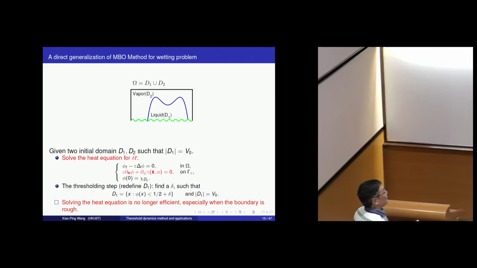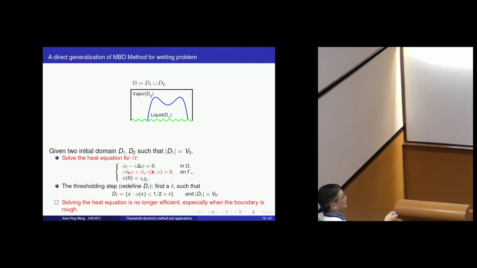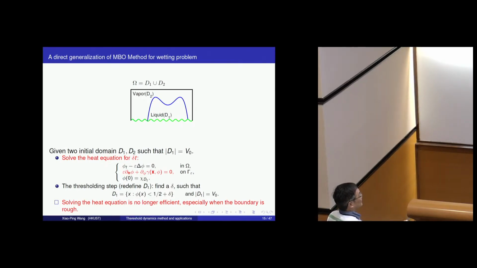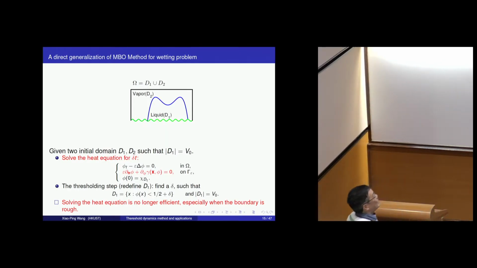So this problem is no longer easy to solve, because you don't have a heat kernel here for a bounded domain, and in particular, the boundary condition is not that simple. So you don't have a heat kernel formulation for this. So you have to solve, even though it's a linear equation, the boundary condition can be nonlinear. But the equation is linear.